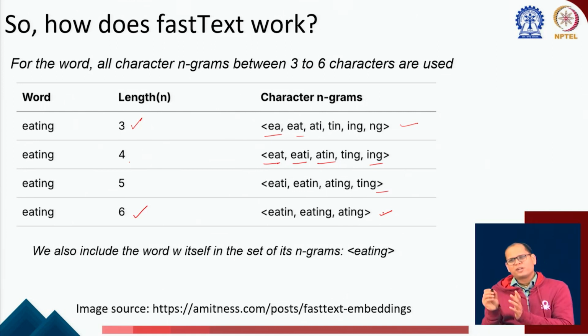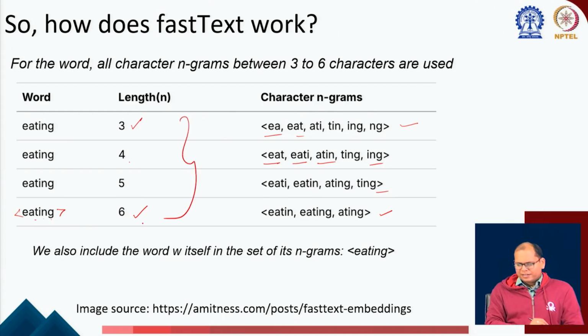We can also include the word itself, because eating has 6 characters, and with the start and end markers it has 8 characters, so it will not be part of the 3 to 6 character n-grams. So we can also include the word itself.